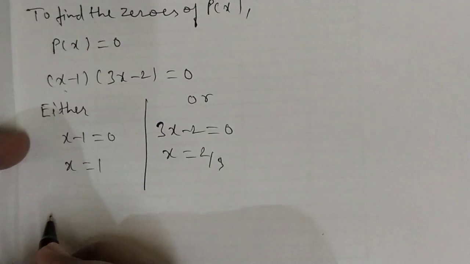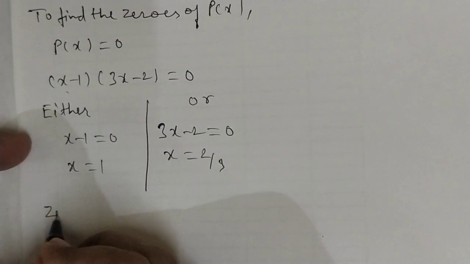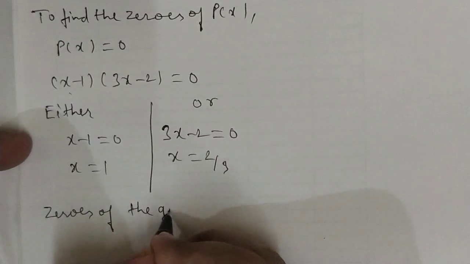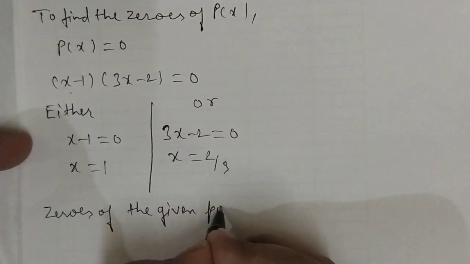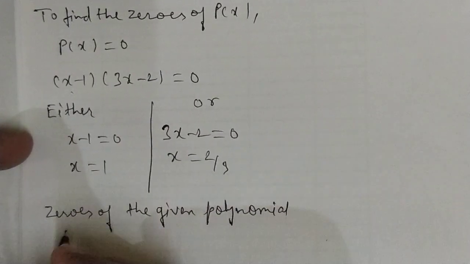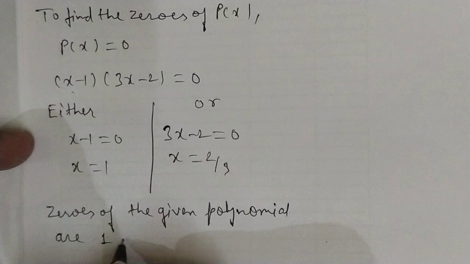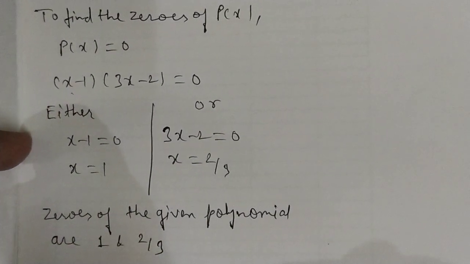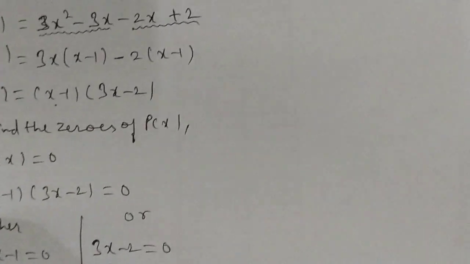So at the last you will write, zeros of the given polynomial are 1 and 2 by 3. Simple. In the same way you can move on to the next question.